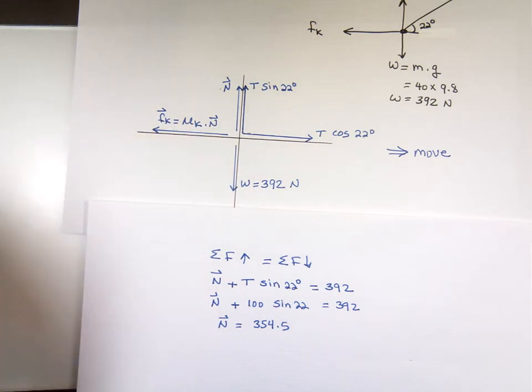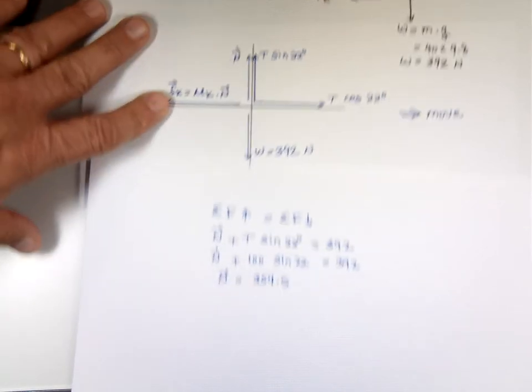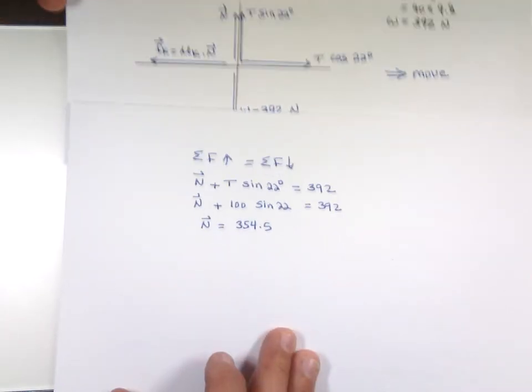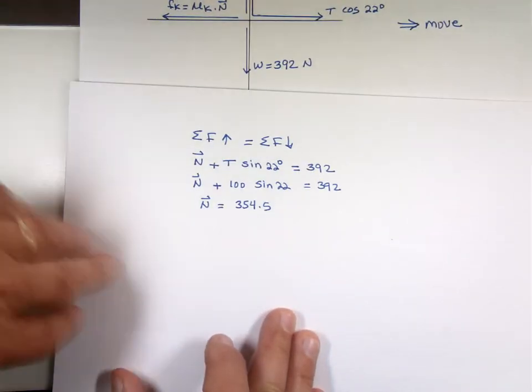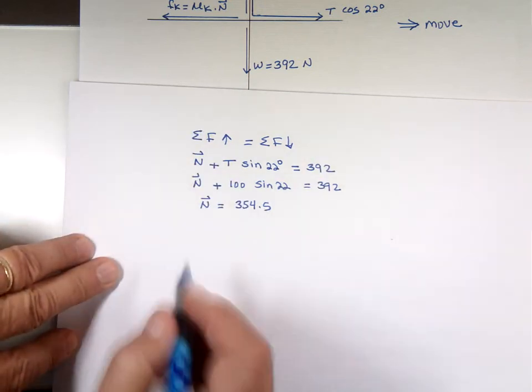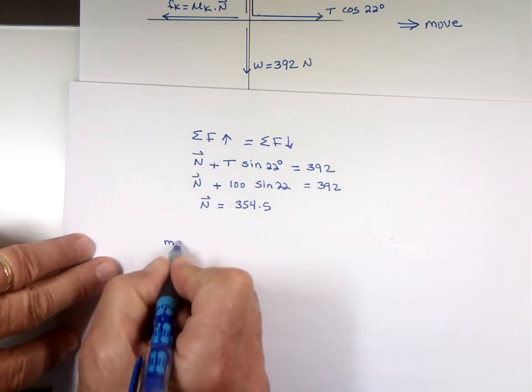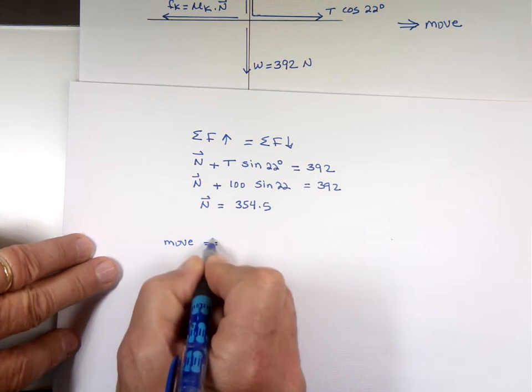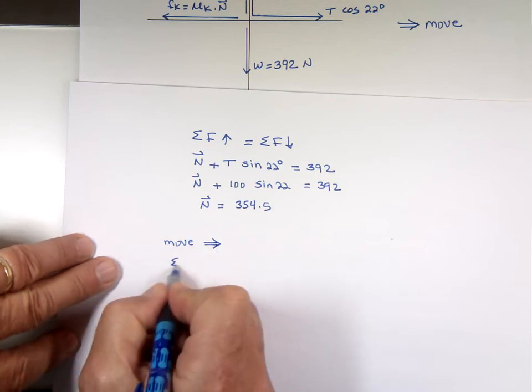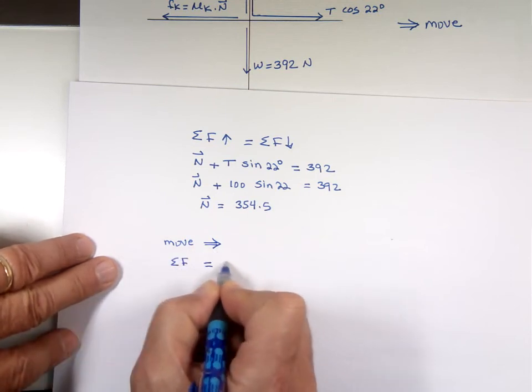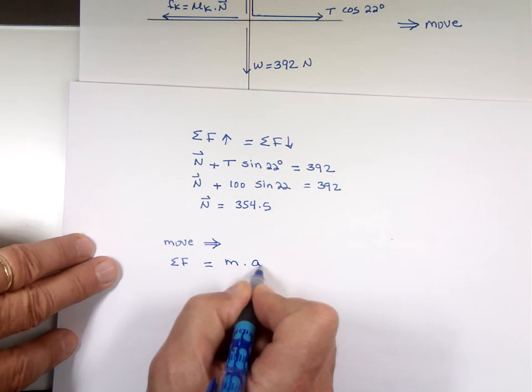What about in the x direction? It was moving in the x direction, right? It was going to the right. Since it was moving to the right, then the net force equals mass times the acceleration. Here's my picture.